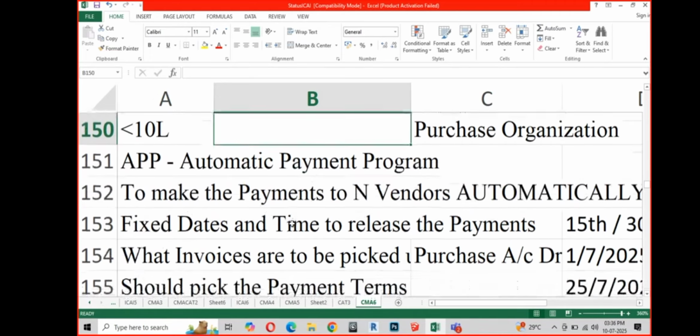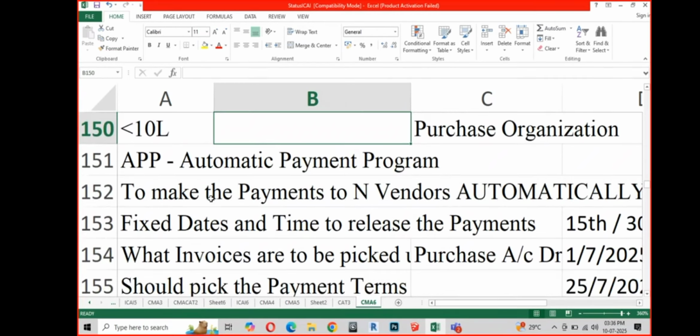Now, the most important thing we discussed today, most of the time we were talking about only the automatic payment program. One of the most critical things, even in your normal business without SAP, don't you think payment to the vendors is a very, very critical activity? Because once you make a wrong payment, adjusting that payment would be very, very difficult.